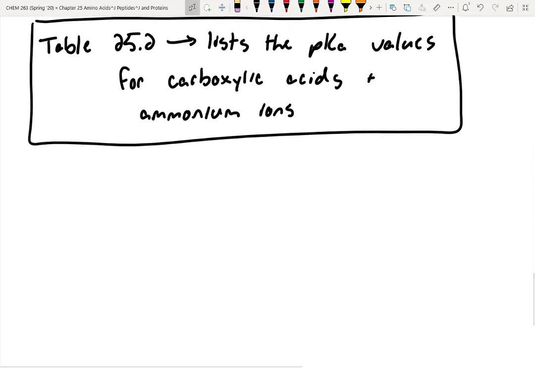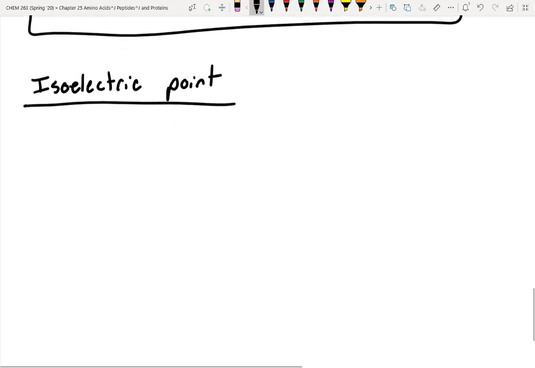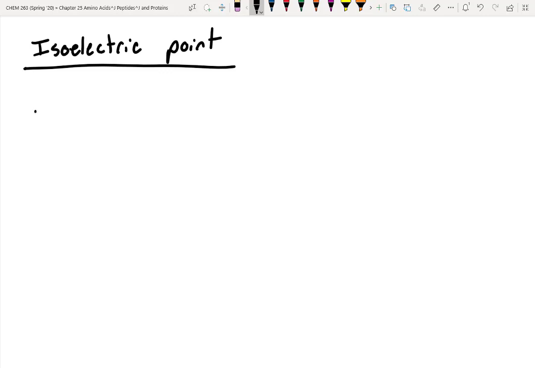All right, there's one last thing I wanted to cover, and this is called the isoelectric point. The isoelectric point is the pH at which the zwitterionic form is at the highest concentration. In the example above, I said that under physiological conditions, we form the zwitterion.